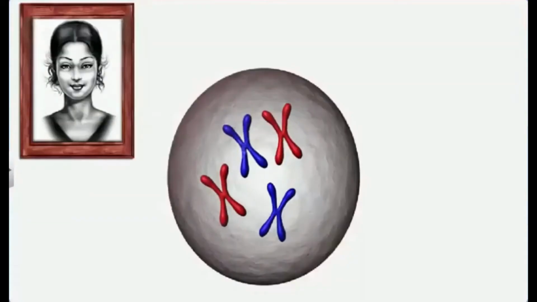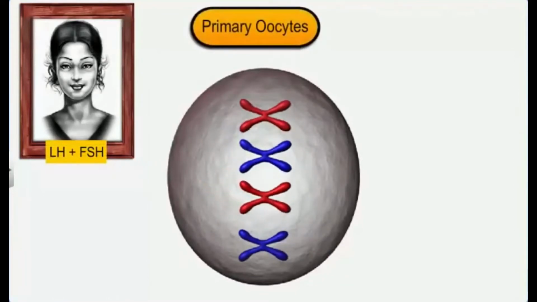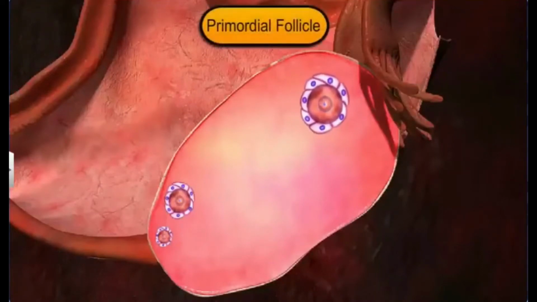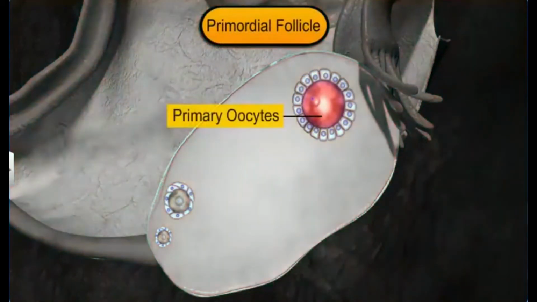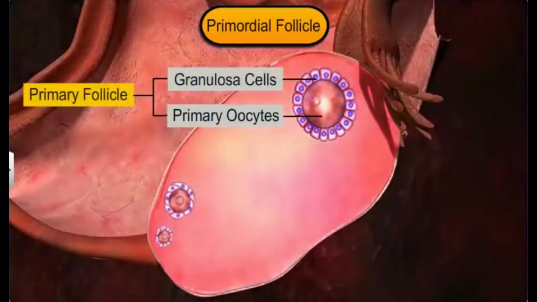At puberty, the release of LH and FSH hormones stimulates some primary oocytes to resume the meiotic division that had begun at a woman's fetal stage. Moreover, due to FSH, the squamous cells of the primordial follicle enlarge and become cuboidal. The dividing primary oocyte and the cuboidal granulosa cells now make up the primary follicle.